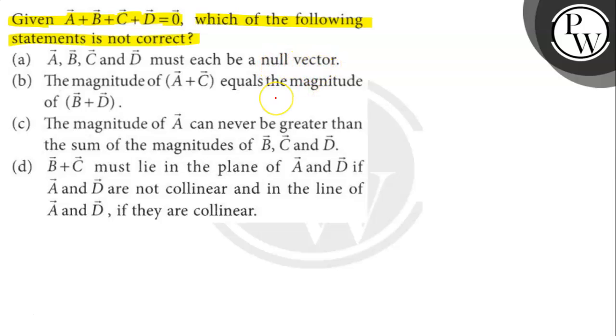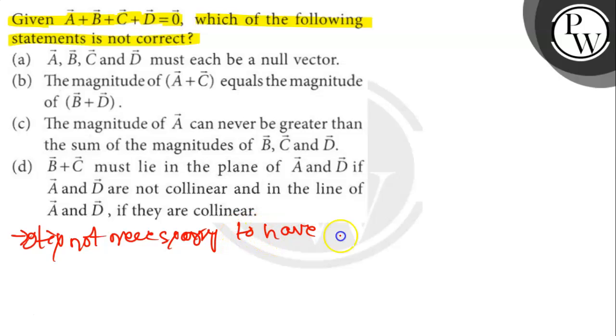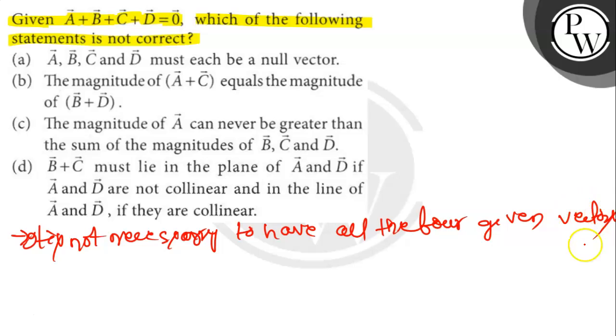be a null vector. Okay, in order to make a plus b plus c plus d equal to 0, it is not necessary to have all the four given vectors to be null vectors.